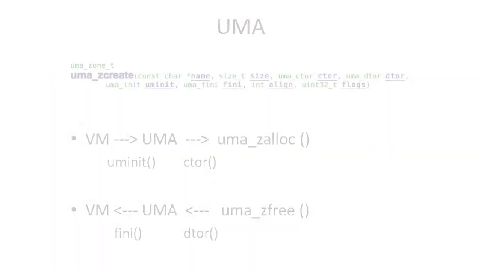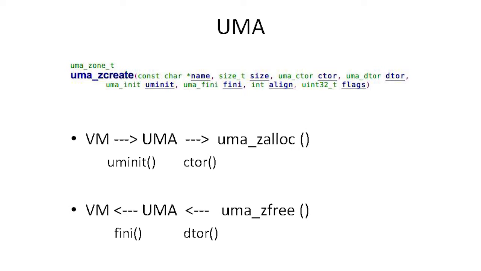So you will very efficiently use this kind of object cache. And if your VM system is in a low memory condition, you will call UMA zone drain to free the memory. So you will return it to the VM system and call fini to do the destructor on this memory.